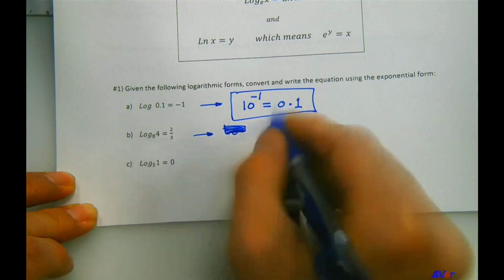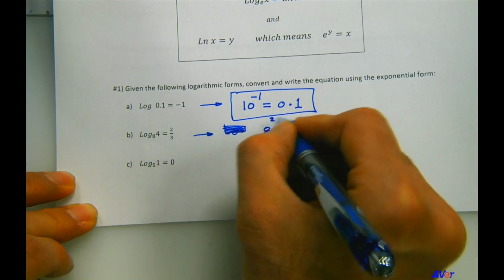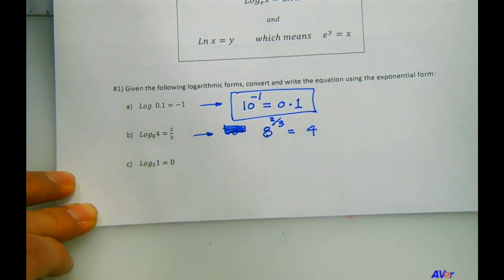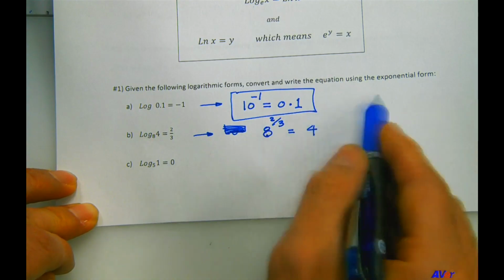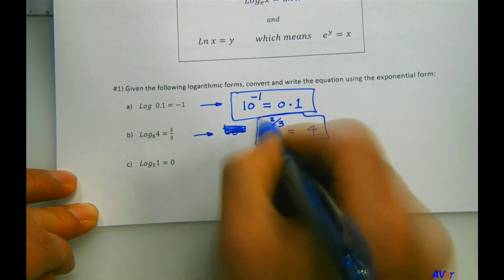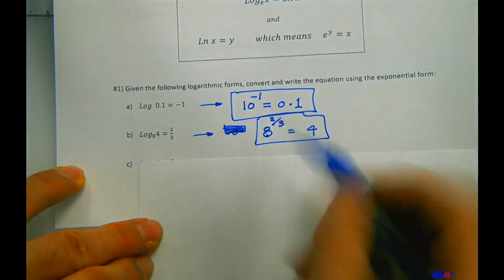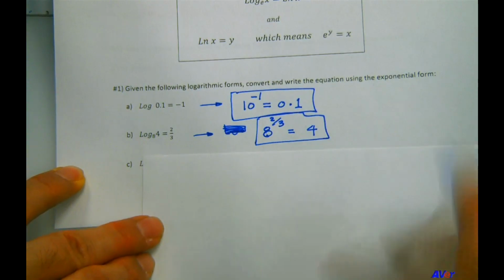Base 8 to that exponent, 2/3, equals 4. Okay? Can we simplify this? Absolutely, if you want to. That's all they want us to do. I'm not going to write it here because that's all they're asking for, the exponential form.